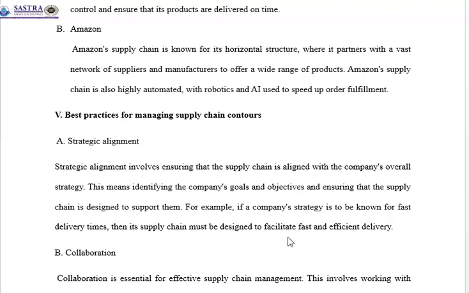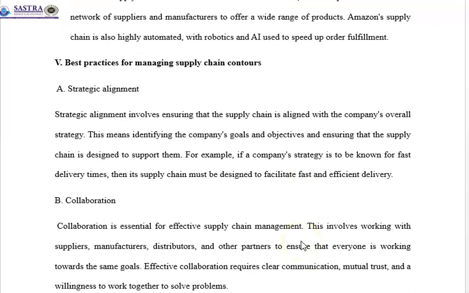For example, if a company's strategy is to be known for fast delivery, then its supply chain must be designed to facilitate fast and efficient delivery. You can take McDonald's as an example, or Pizza Hut and other products, even the Amazon products.